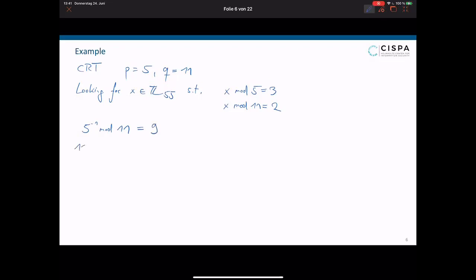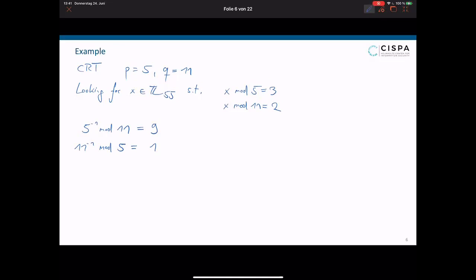On the other hand, what is 11 inverse modulo 5? Well, 11 modulo 5 is just 1. This is also just 1, right? 11 modulo 5 is 1, and the inverse of 1 is 1.